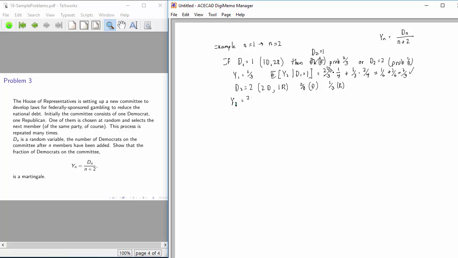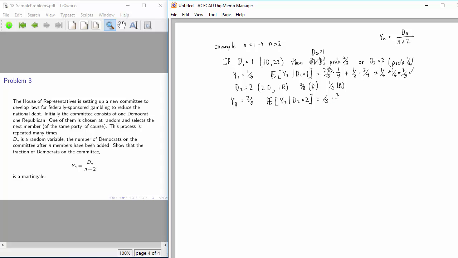The value of Y1 in this case is 2/3, while the expectation of Y2 conditioned on D1 being equal to 2 is as follows. There's a probability of 1/3, since the Democrats are now 2/3 of the committee, that the Republicans pick the new member.